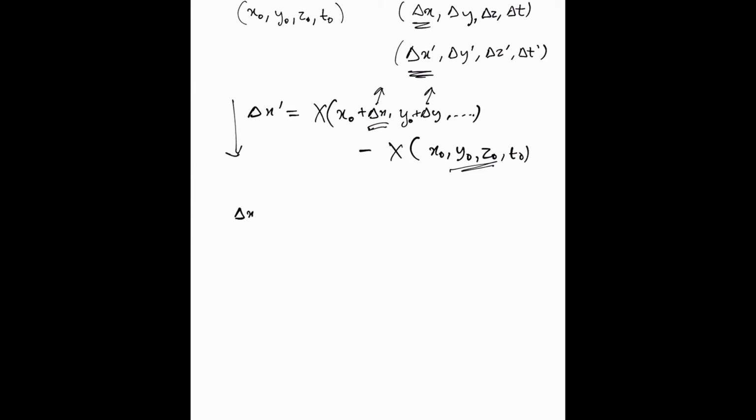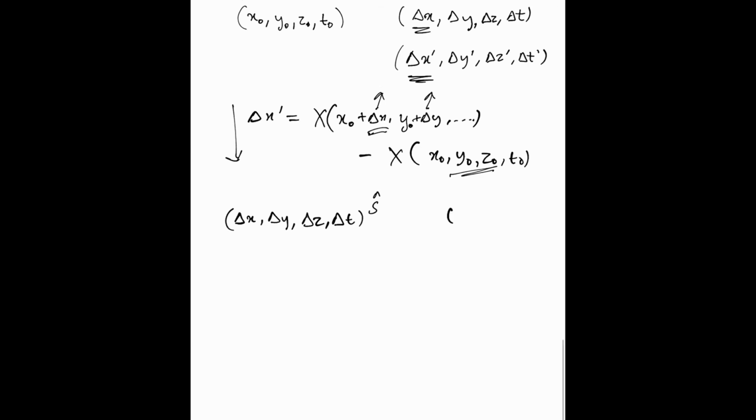Now here's something special. Let's look at the system delta x, delta y, delta z, delta t as some coordinate system S hat. Now this is absolutely identical to the coordinate system S, but its origin is at the shifted point x naught, y naught, z naught, t naught.